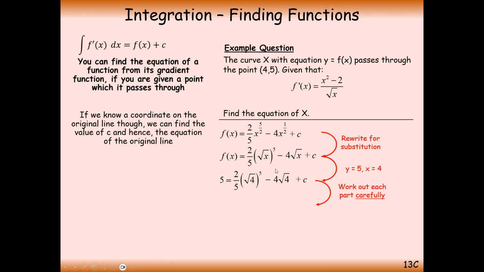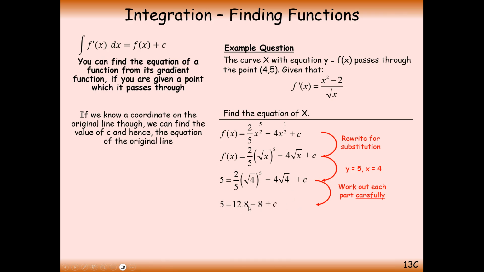Now evaluate this carefully on a calculator. That means 4 square rooted and then raised to the power of 5. So that becomes 2 to the power of 5, which is 32. 32 times 2 fifths, minus 8, plus c.